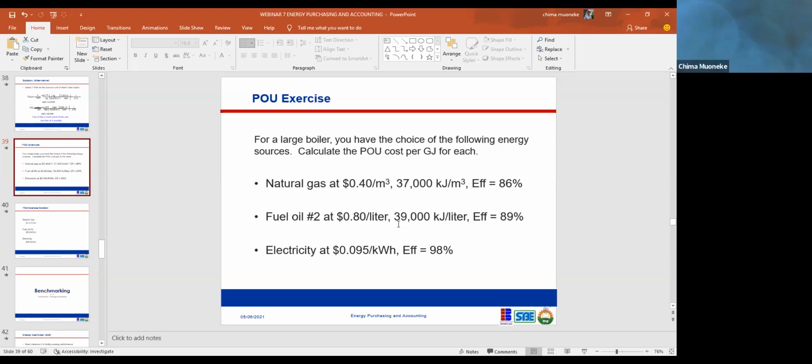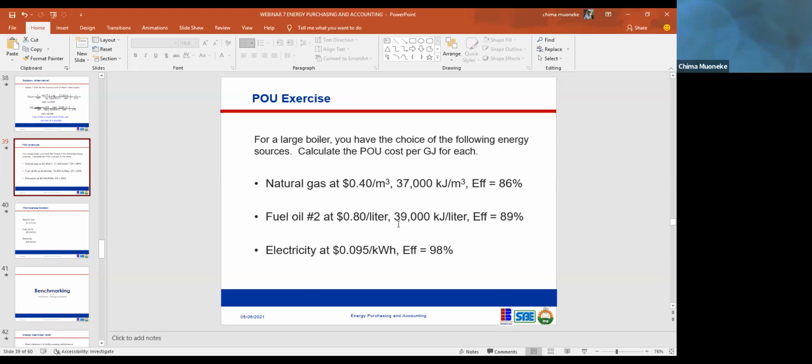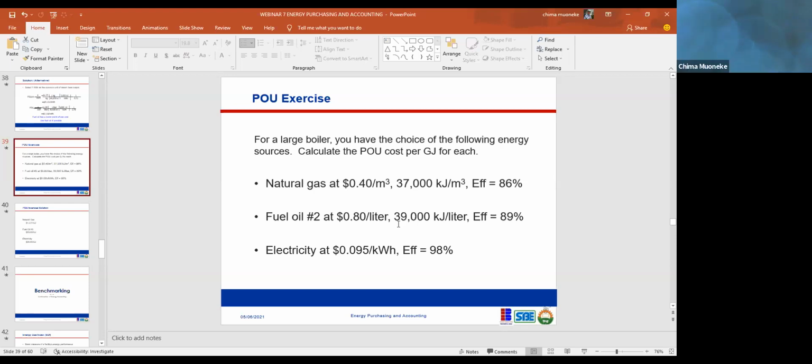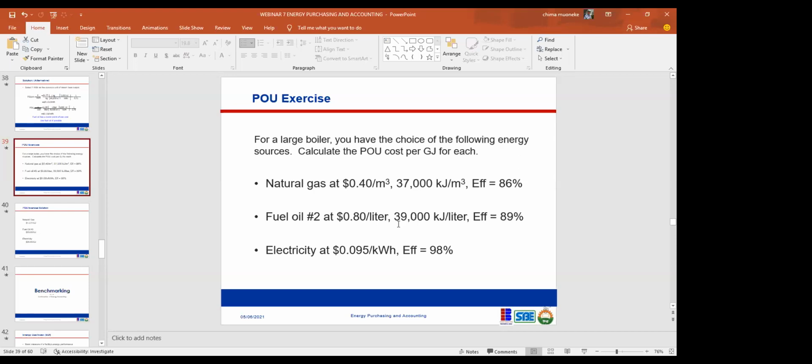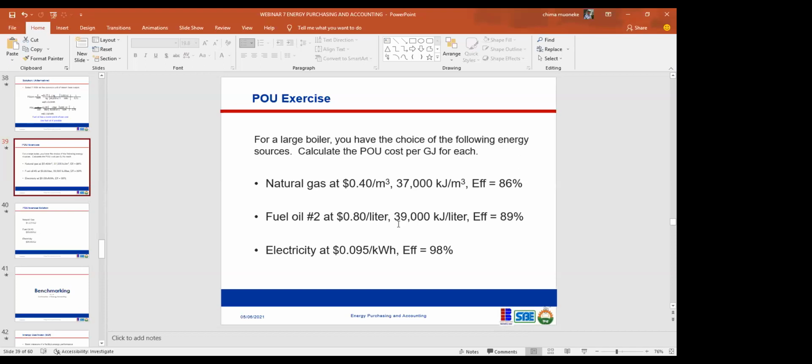What is 1 kilowatt hour in gigajoule? It is 0.0036 gigajoule. So write it at the bottom. Then the next one is the efficiency, which is 1 over 0.98. Exactly. So you do that, you get your answer correct. Okay, thank you very much.